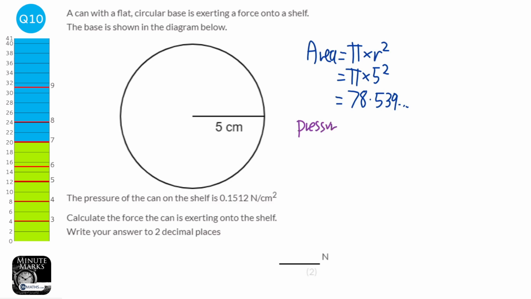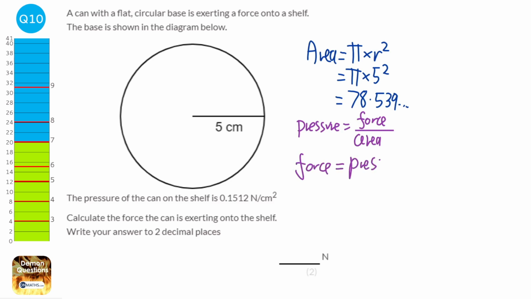The formula for pressure is pressure equals force divided by the area, and we rearrange that to force equals pressure times area.